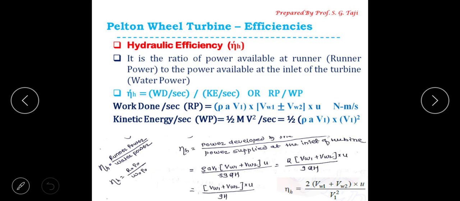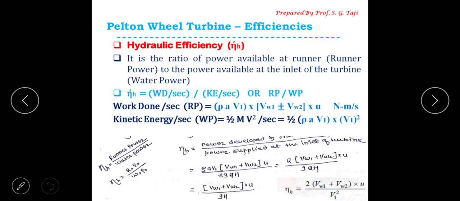Therefore, hydraulic efficiency eta H is given by work done per second divided by kinetic energy per second, or Rp divided by Wp: runner power divided by water power. Work done per second Rp is equal to rho a v1 multiplied by Vw1 plus or minus Vw2 multiplied by u Newton meters per second. When beta is less than 90, you have to use plus sign.